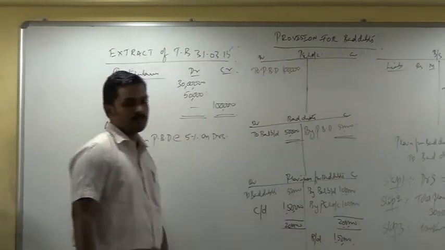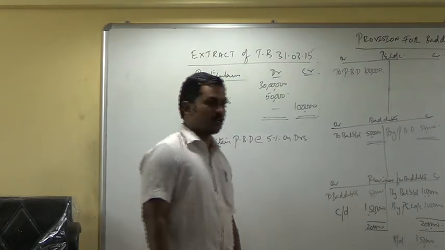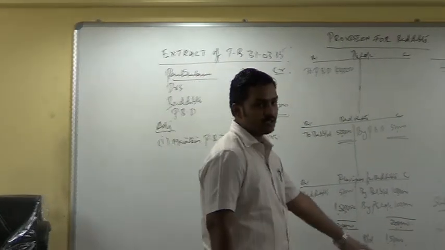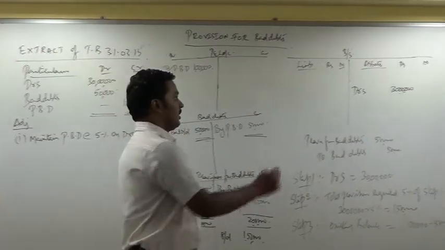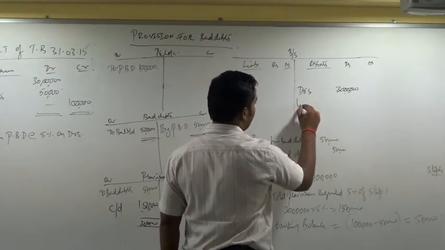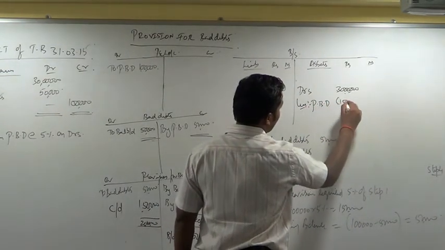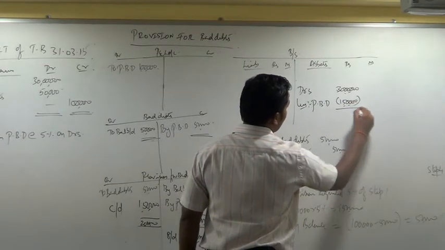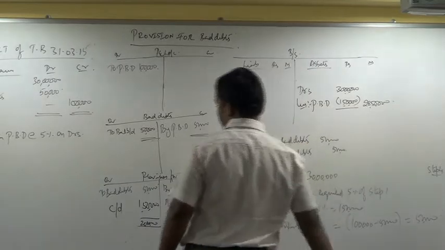So provision account has a closing balance of 1,50,000. Now you will show provision account in the balance sheet. Either you can show it on the liability side or you can show it as subtraction from debtors. Less provision for bad debts 1,50,000. Outer column you will show 28,50,000.